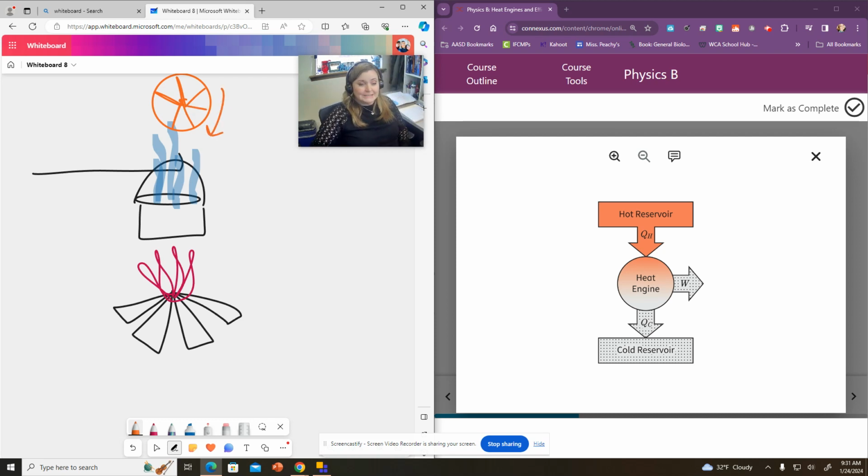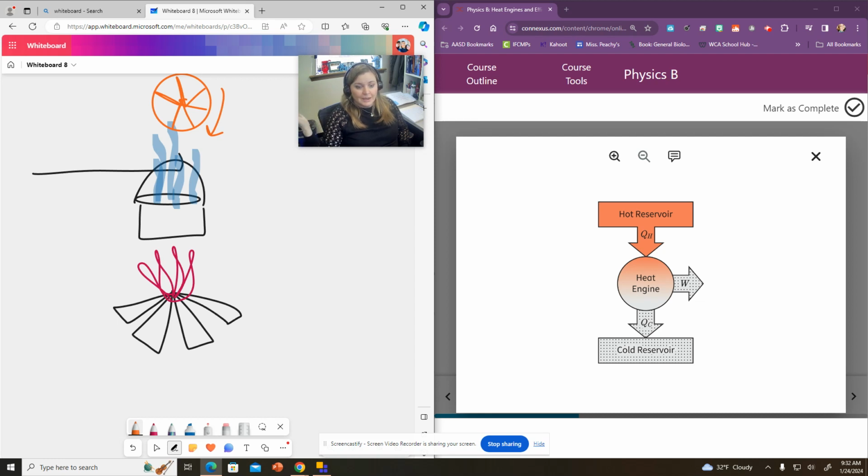The rising steam from my heat reservoir can do work by turning a turbine. This is what happens in most power plants: steam is generated by burning coal or by using the energy from a nuclear reaction to heat water and boil water, and that moving steam turns a turbine. It turns a propeller blade, so it's doing work on the propeller blade.